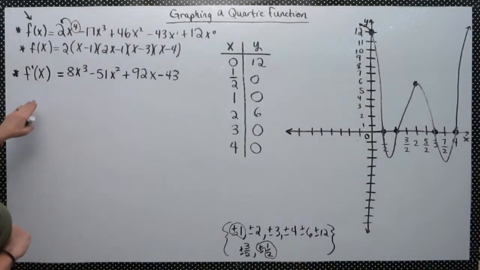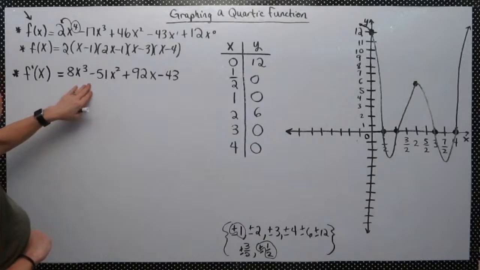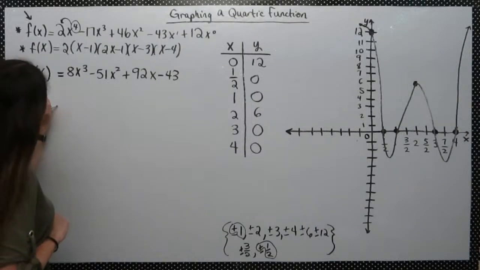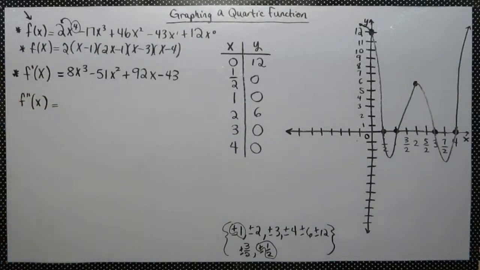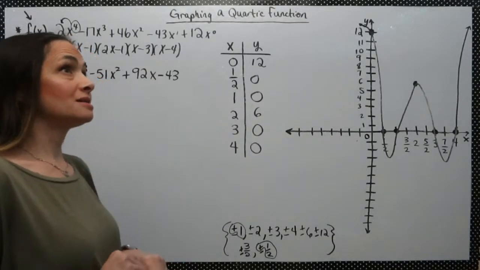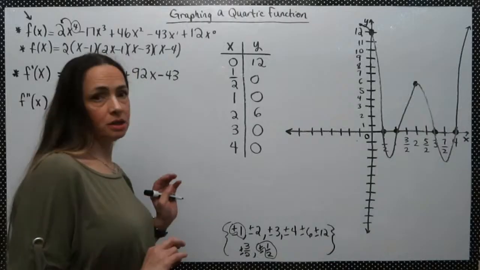All right. So what I'm going to do is calculate f double prime of x. Let's go ahead and calculate that second derivative, because while the first derivative is going to tell me possible values to check, that second derivative is going to actually tell me where the party is at.